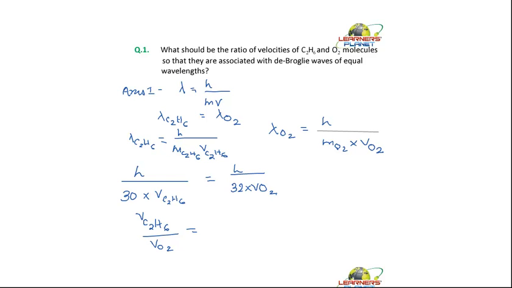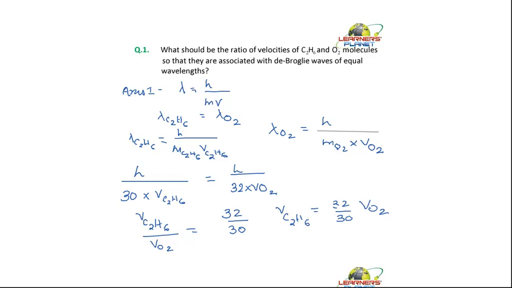Just cross multiply it, and it will be equal to 32 upon 30. Right? So the velocity of C2H6 is equal to 32 upon 30 times the velocity of oxygen.